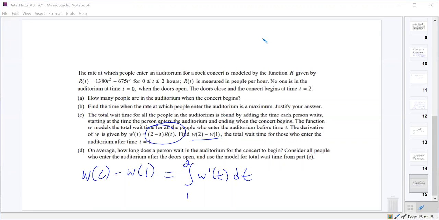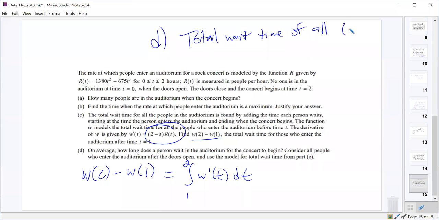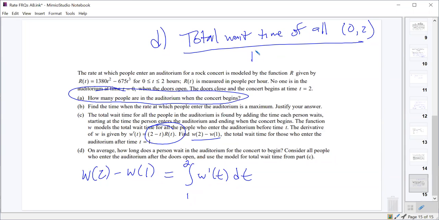Part D should be the total wait time of all from 0 to 2 divided by the total number of people, which is the answer from part A.